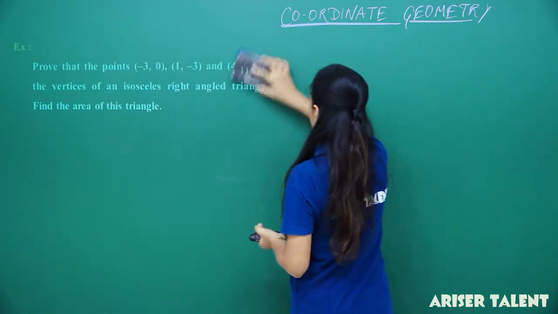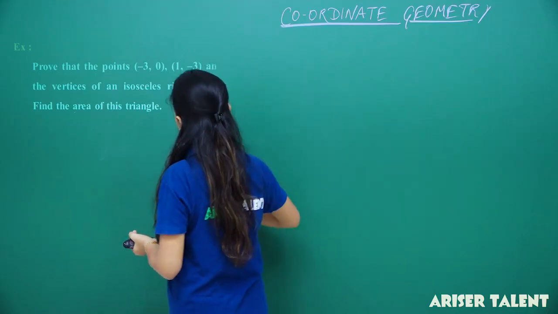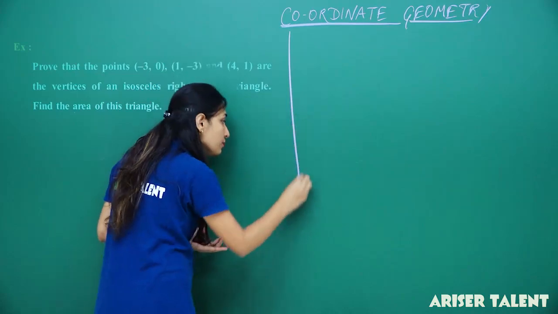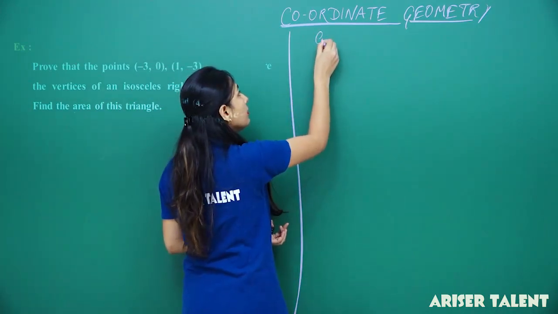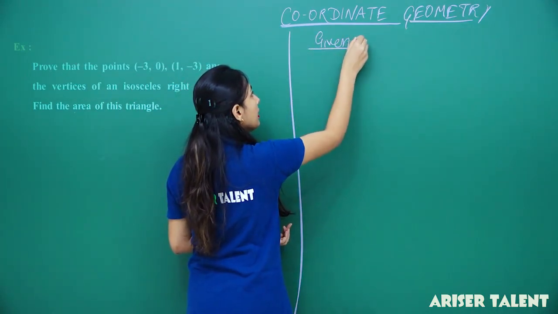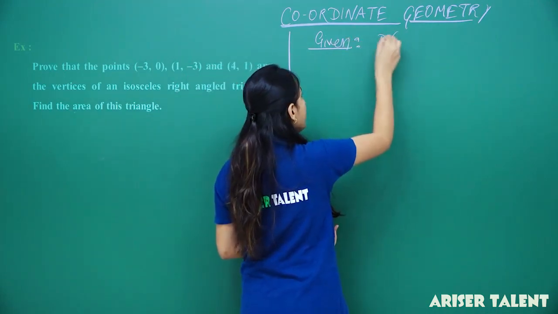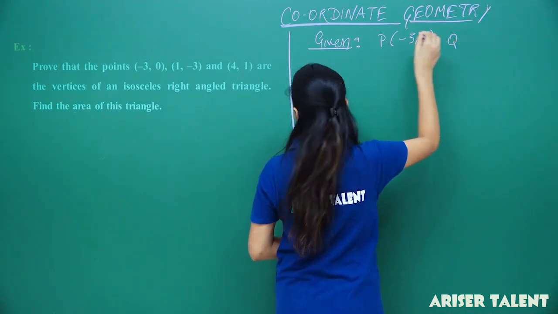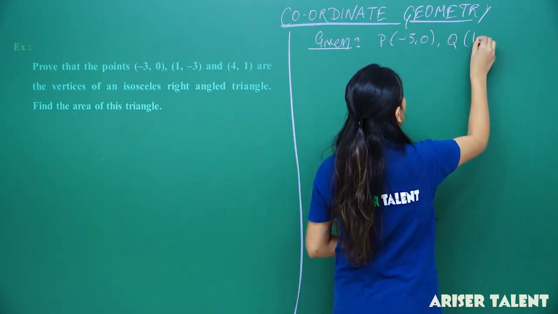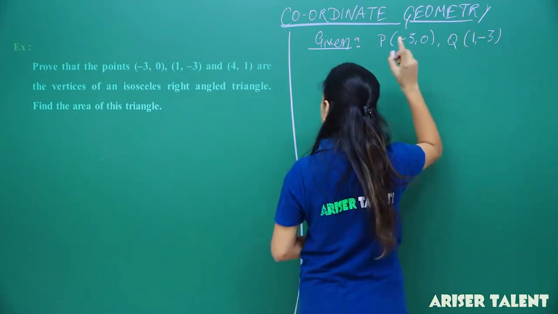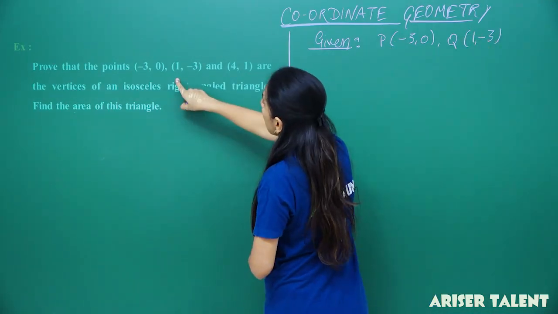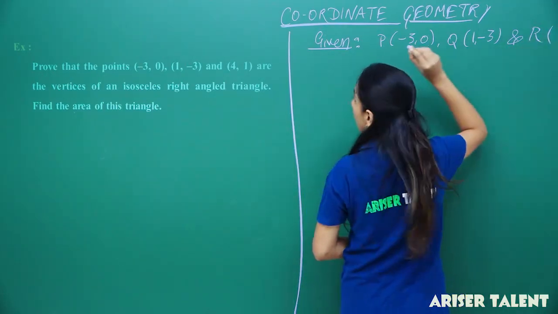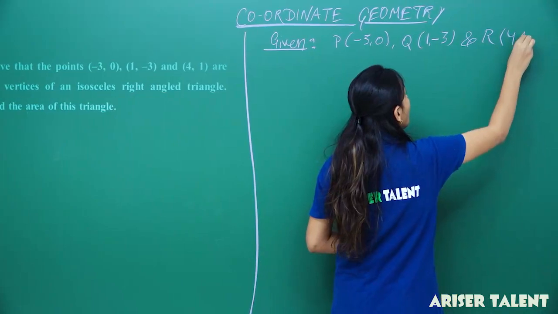So now we have to solve this question. What will we start with? We'll start with the given parameters. We always do it like that. So the given is, let's suppose, a point P which is (-3, 0), and Q is given as (1, -3), and the third point, let's suppose R, is given as (4, 1).